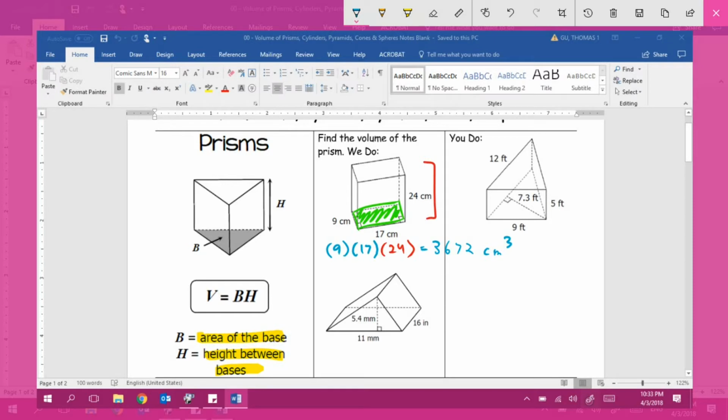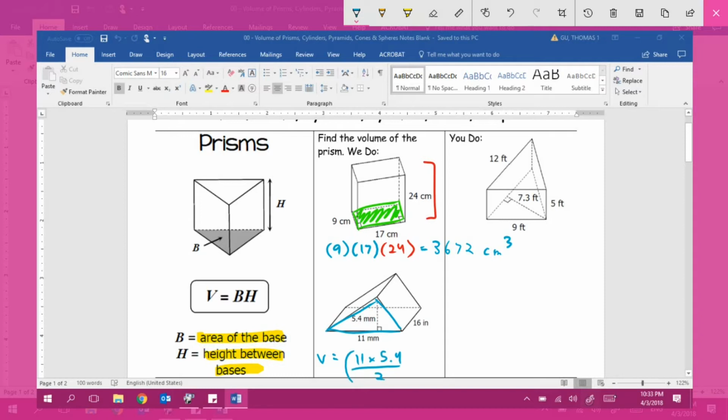All right, let's take a look at this next one down here, the triangular prism. Not sure why it says millimeters on 2 of the units and 16 inches on 1. Let's just assume it's completely in inches. So what's the area of the base? Well, the base here is my triangle right here. How do I find the area of a triangle? It's base times height divided by 2. So I would go base, which is 11, times height, which is 5.4, divided by 2.